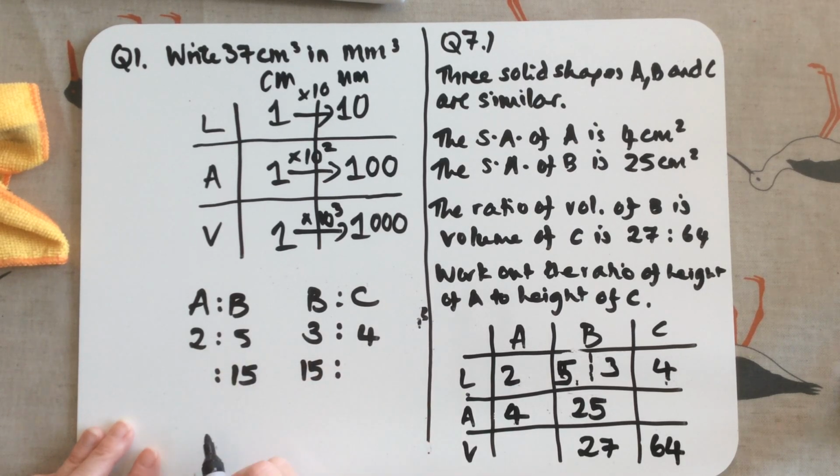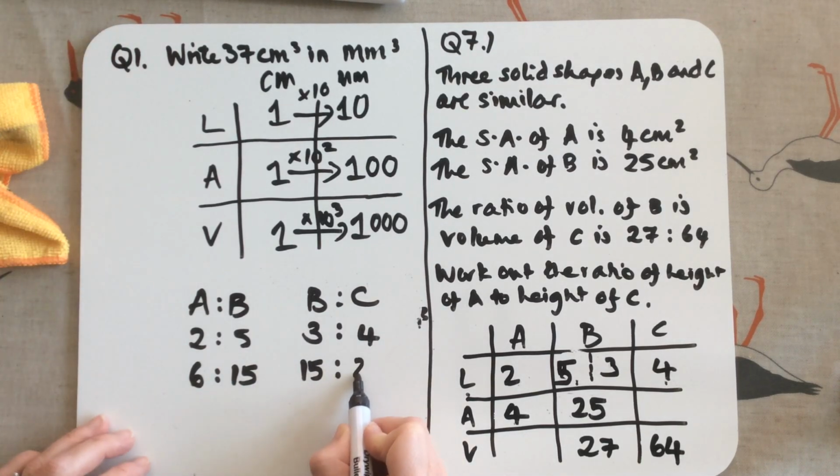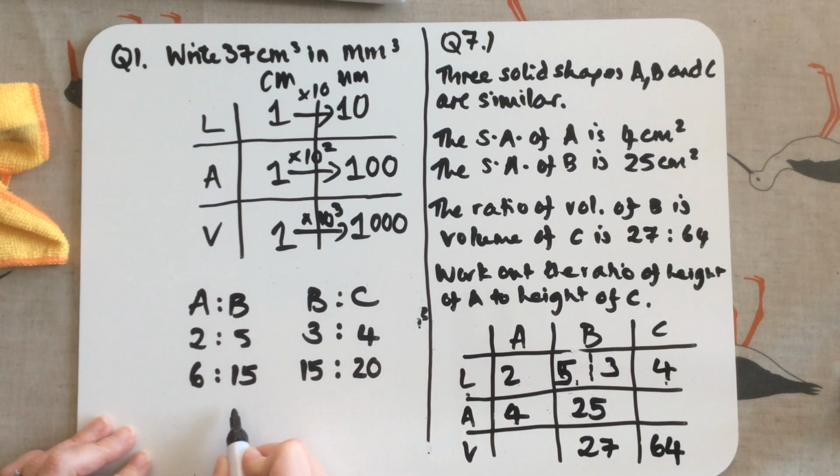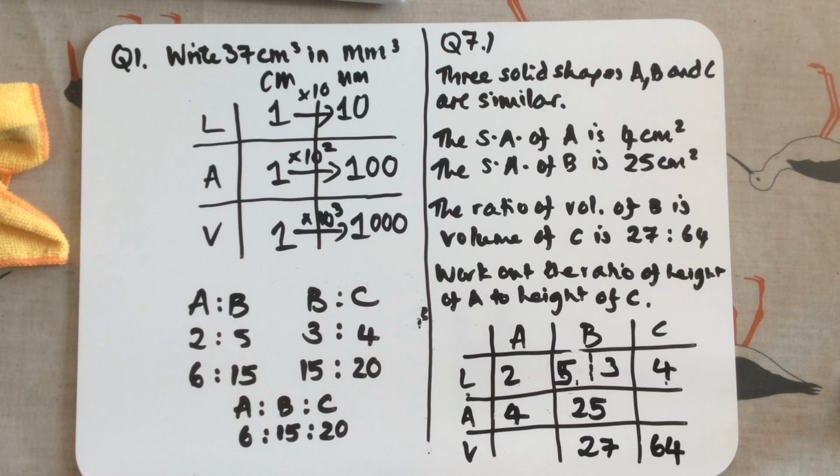I've multiplied this one by 3, so I'm going to do the same to there. I've multiplied this one by 5, so I'm going to do the same to this one. And now I know that A to B to C is 6 to 15 to 20. And so I can say that the ratio of A to C is 6 to 20, and I can simplify that and say that the ratio in its simplest terms is 3 to 10.